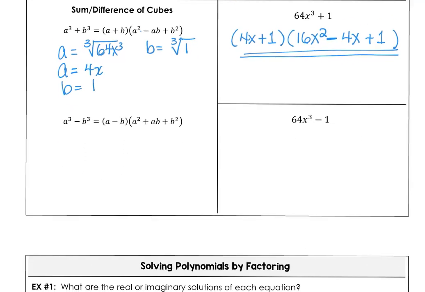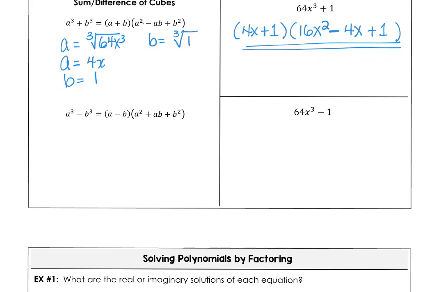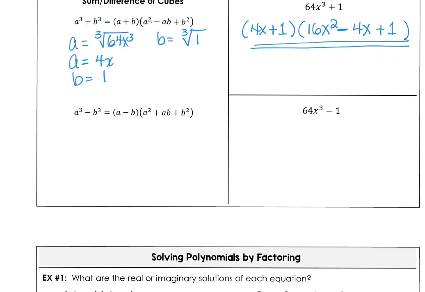And then for the a cubed minus b cubed, we have the same thing, so we've got the two terms. 64x cubed is going to give us 4x times 4x times 4x, and we're subtracting 1 times 1 times 1. Small parentheses, large parentheses.